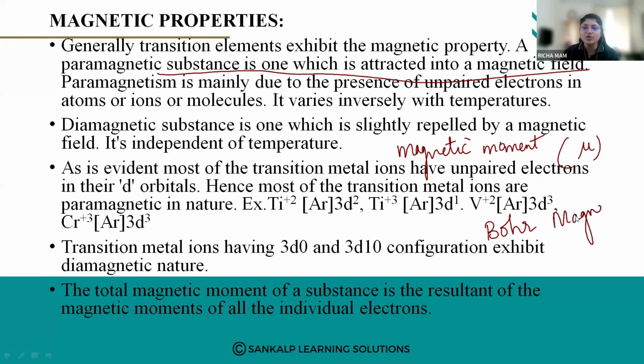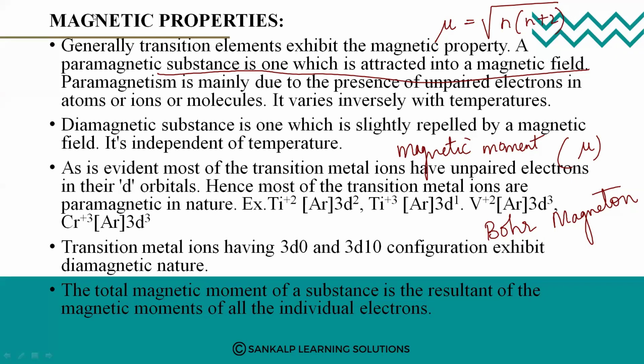How can we calculate it? The magnetic moment can be calculated as mu is equal to square root of n into n plus 2, where n is the number of unpaired electrons. This tells you the magnetic behavior of transition elements.